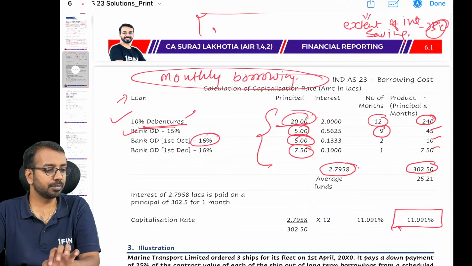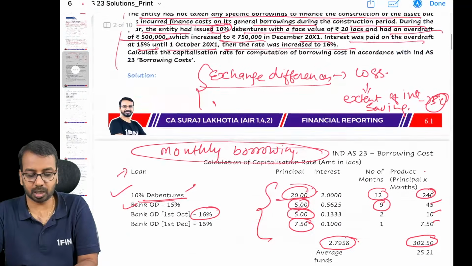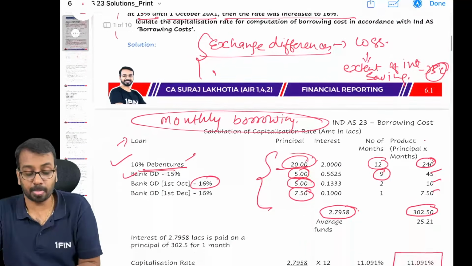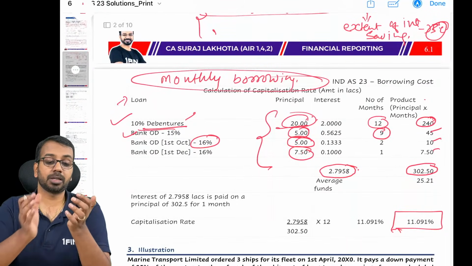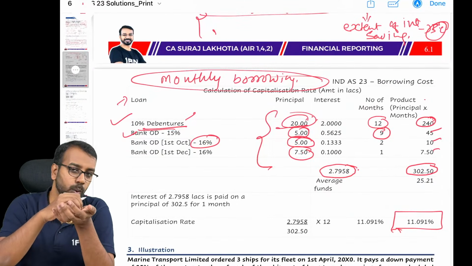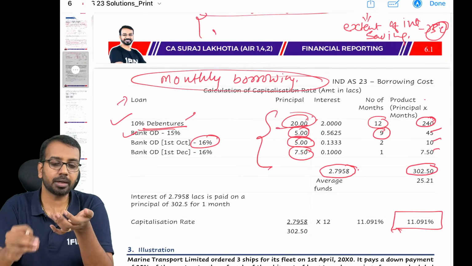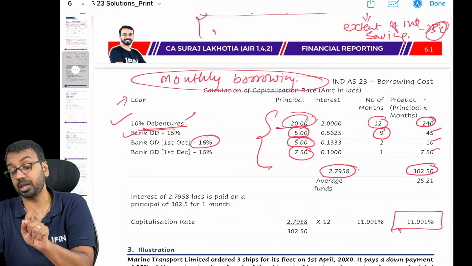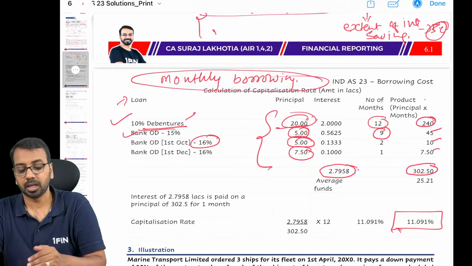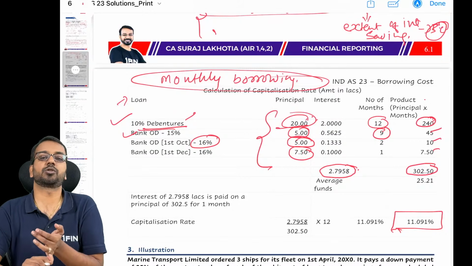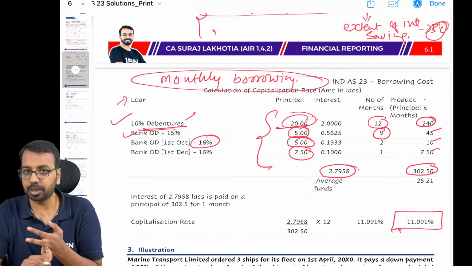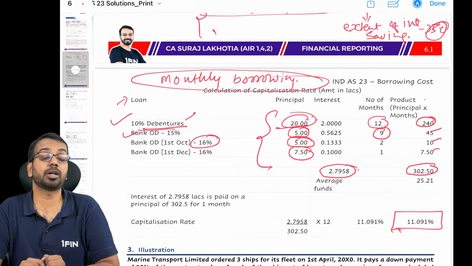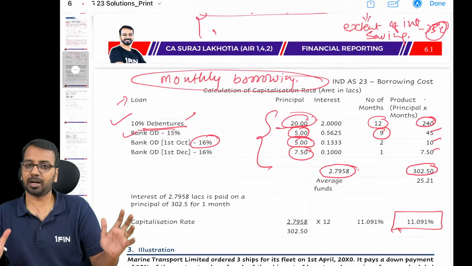I think I missed answering Aryaman's question earlier. How much theory is right? Theory depends on what the question has asked. If the question says calculate, do the calculation, give a brief explanation if required. In questions where financial instruments or business combinations are involved, don't write too much theory. Don't write one page, 1.5 pages of theory.